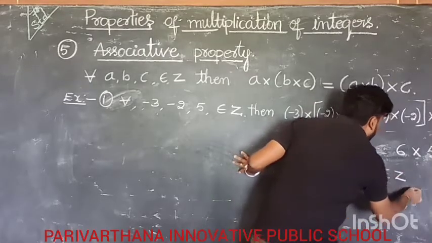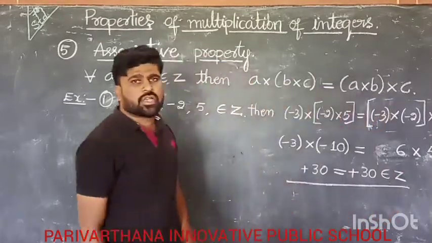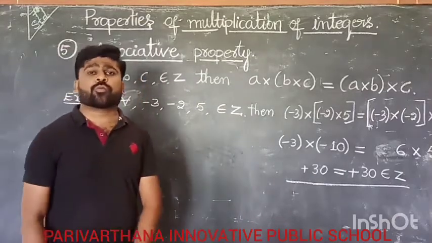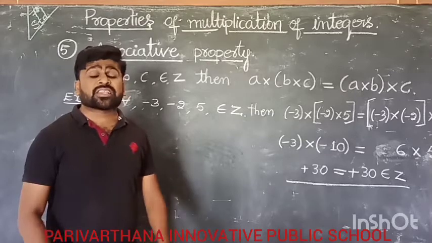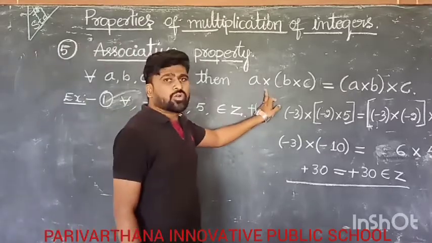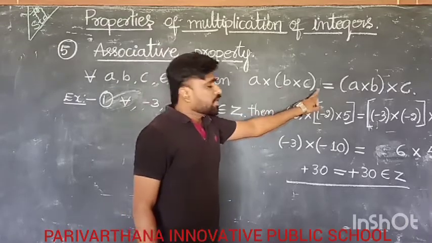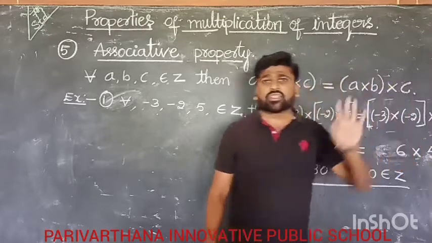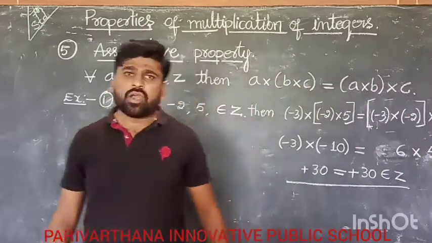It belongs to Z. LHS is equal to RHS. That means it satisfies associative property under multiplication. That is a into of b into c is equal to a into b of into c. This is the associative property under multiplication.